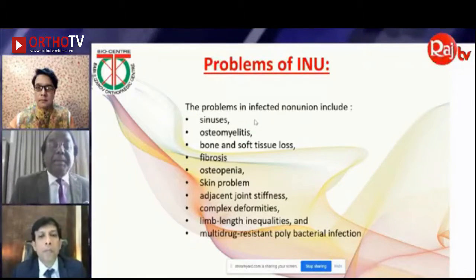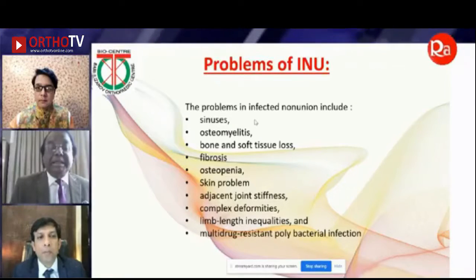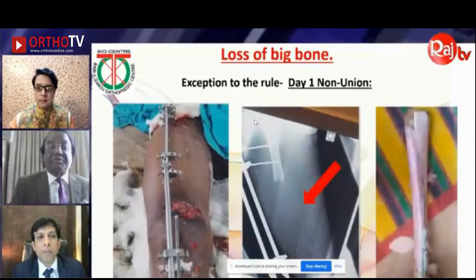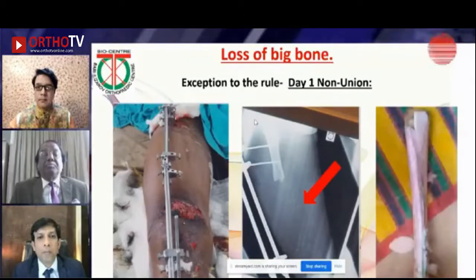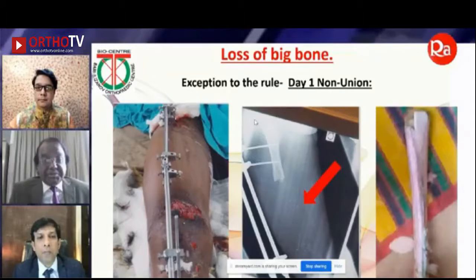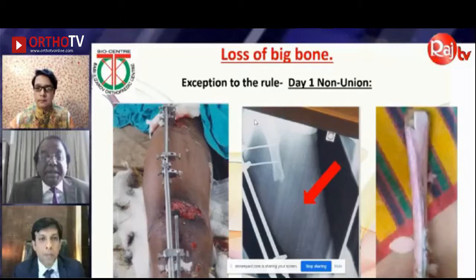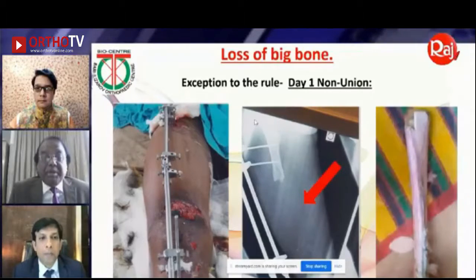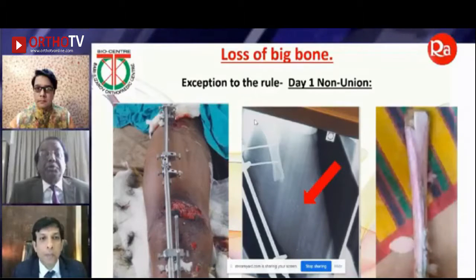And to treat complex deformities with infection is very difficult. And of course, the LLD and multi-drug resistant polybacterial infection. Look at this case. Loss of a big gap, a big gap. This is the exception. From day one, you can see this is a very big gap, and you can say this is going to be non-union.